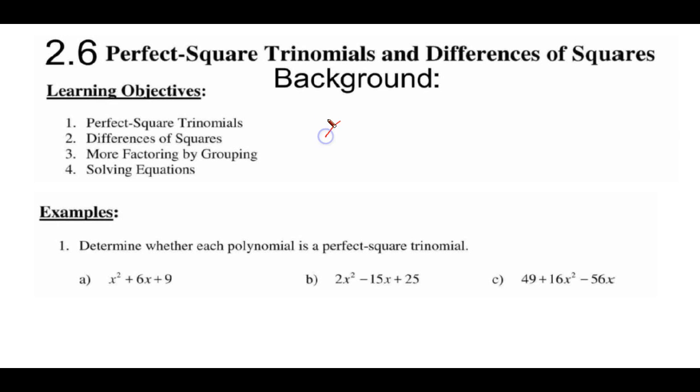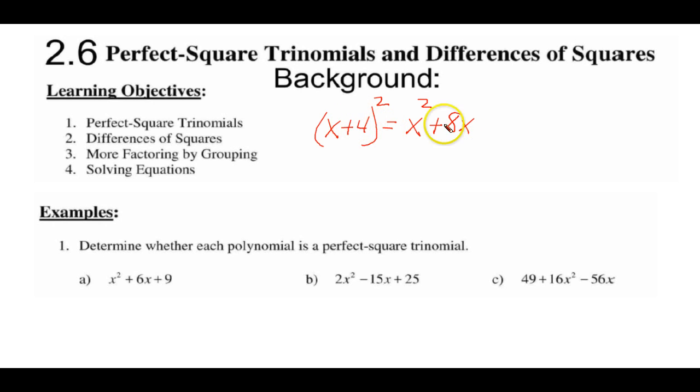We said x plus 4, the quantity squared. Well, we'd square the first term, and that would give you a perfect square. Multiply these two together, and then double it. That would give you 8x.